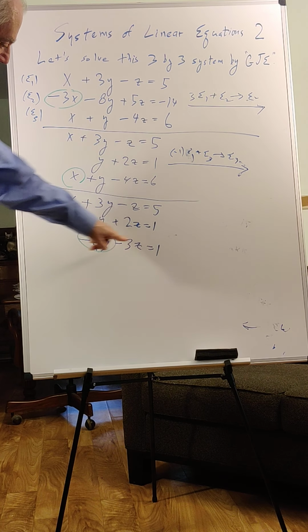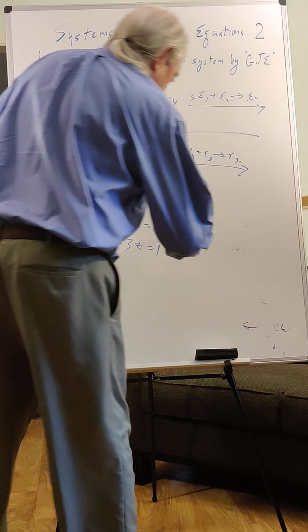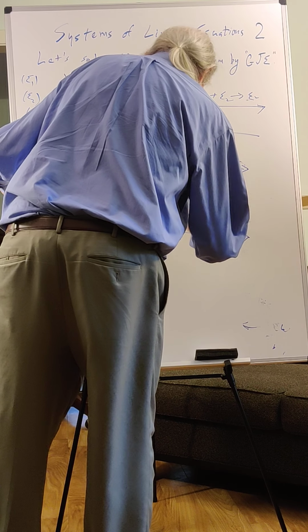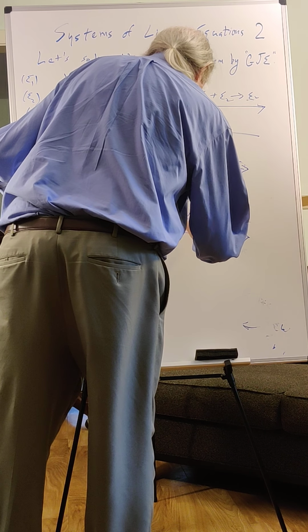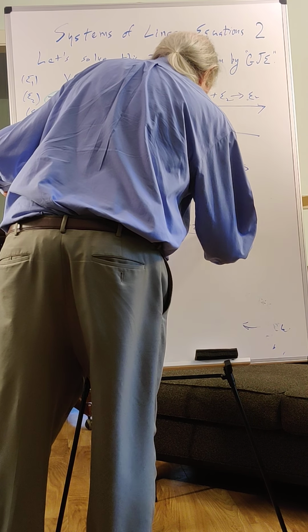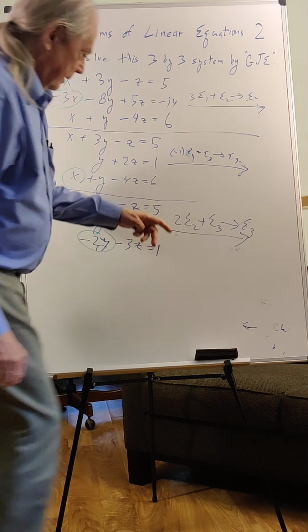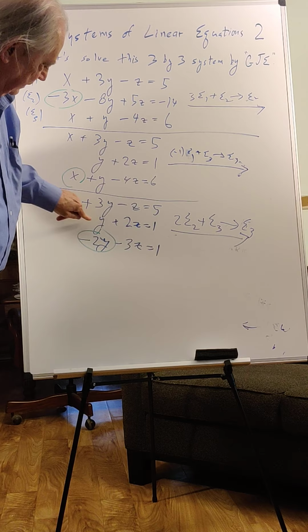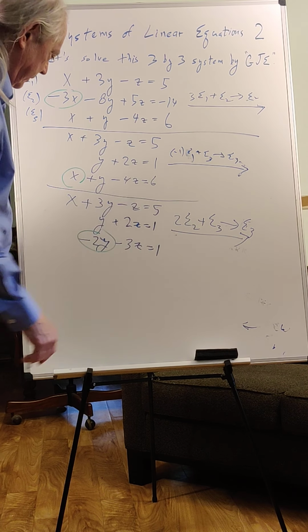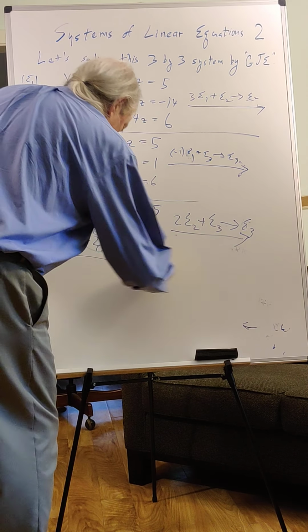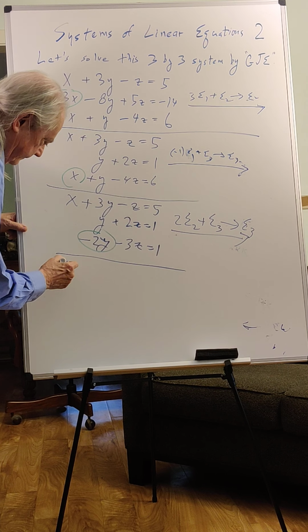So we double this equation and add to this one. So the operation is twice E2 plus E3 replaces E3. Copy over the first two.